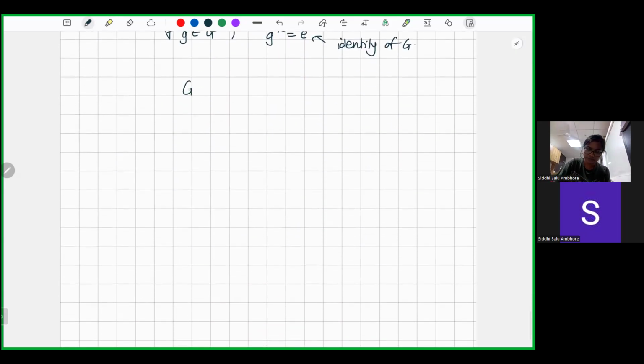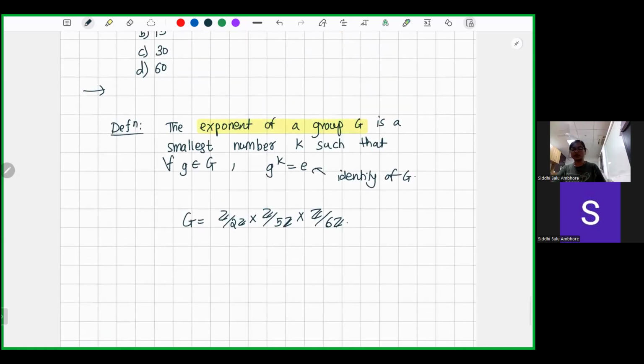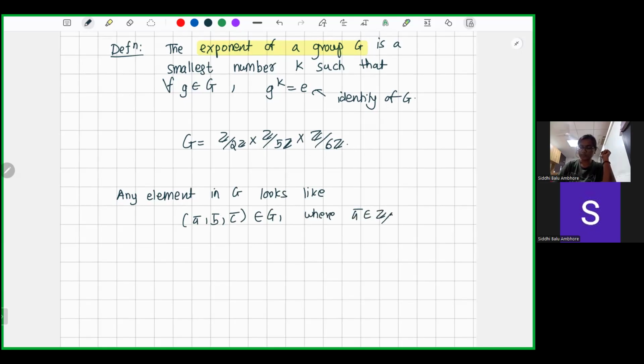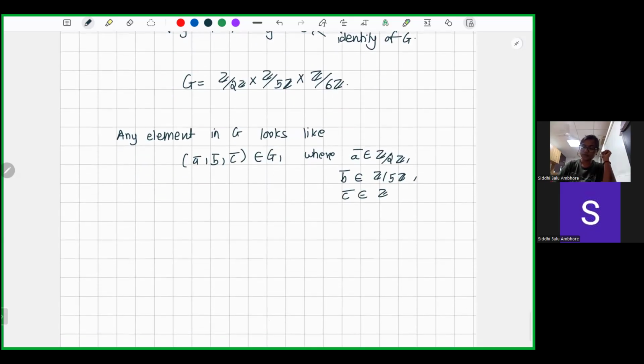So here G is Z cross 2Z cross Z cross 5Z cross Z cross 6Z, and we have to calculate the exponent of this group G. First understand that any element in G looks like (a bar, b bar, c bar), where a bar belongs to Z/2Z, b bar belongs to Z/5Z, and c bar belongs to Z/6Z.